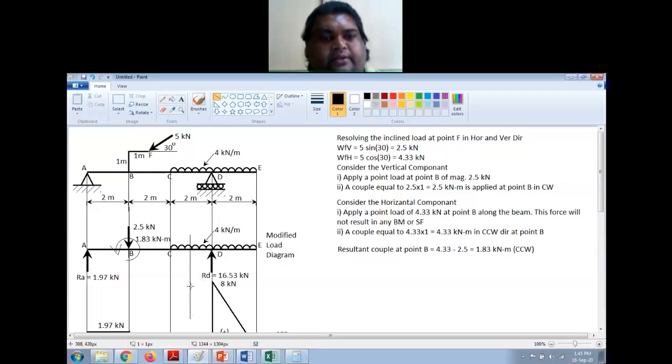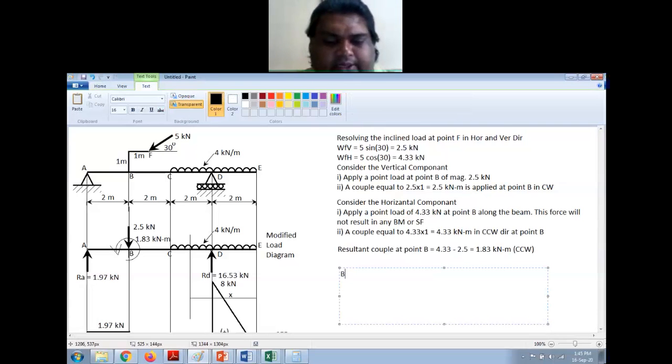And I'm assuming this length as x, right? So you have to find the bending moment at x or at point G.